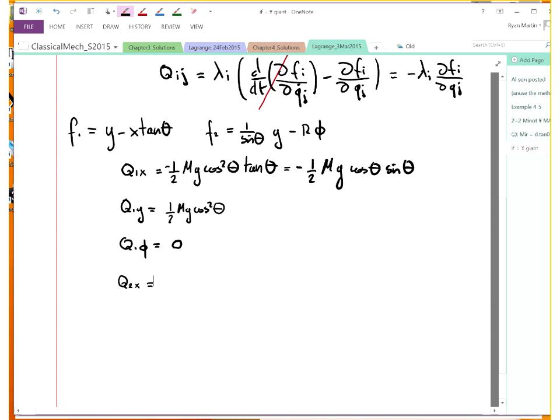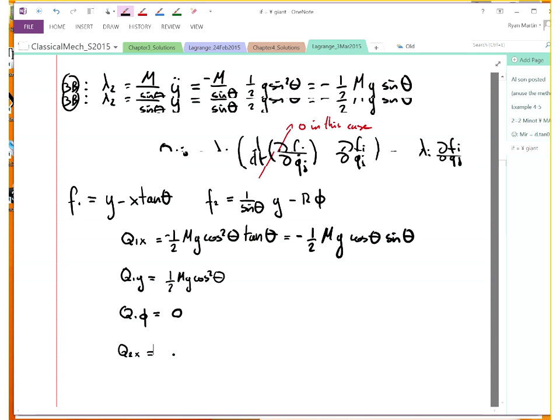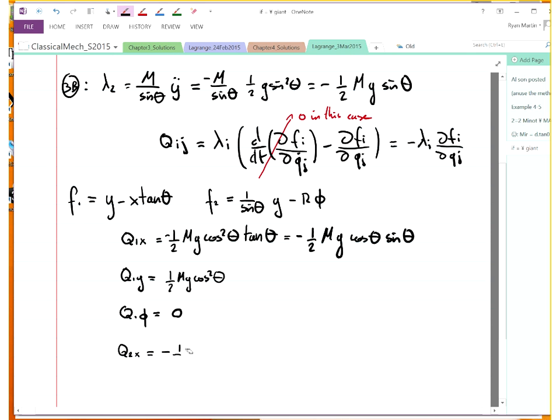Okay, so now let's do the ones that have to do with F2. Then I have Q2x, which is minus lambda 2, so it's a half mg sine theta, that's with a plus, and then it's times ∂F2 by ∂x.